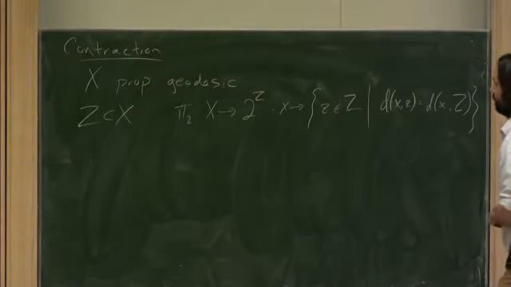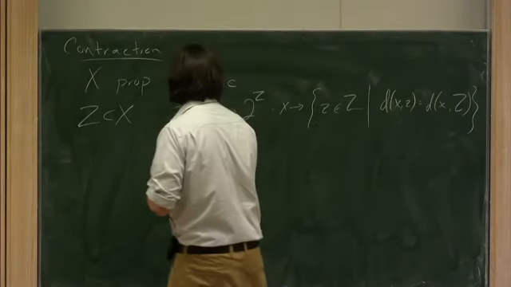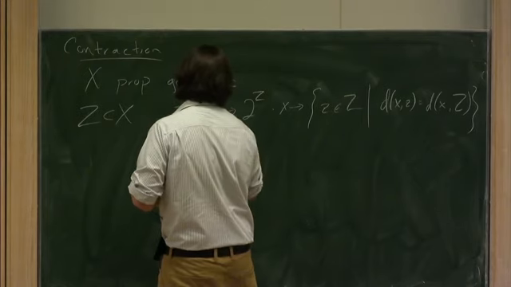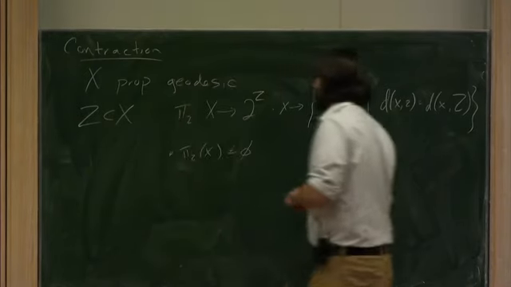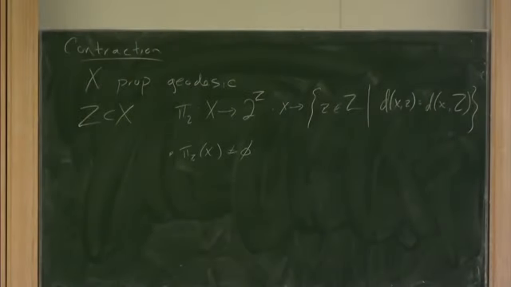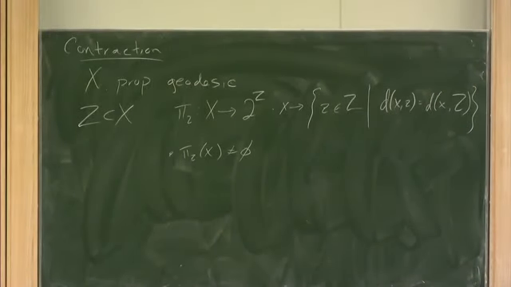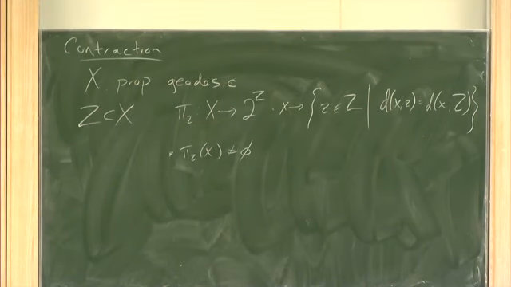About this map, I want to require that no point has empty image. In practice, the things that we want to project to are all going to be closed and the space is proper, so we don't have to worry about this. In more general settings, you can use almost closest points and just add a constant here, but that won't be important today.